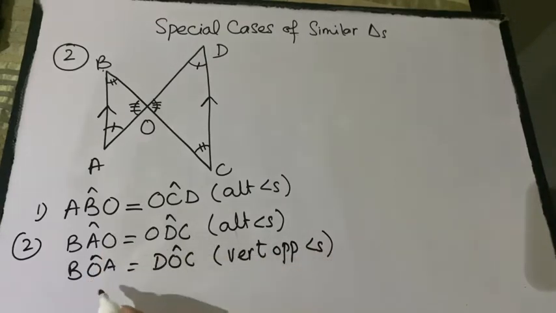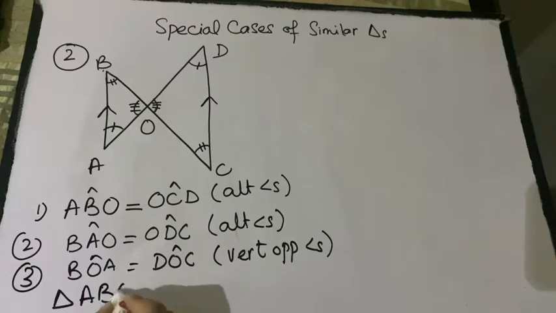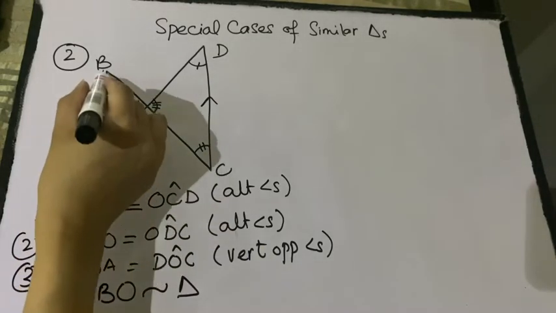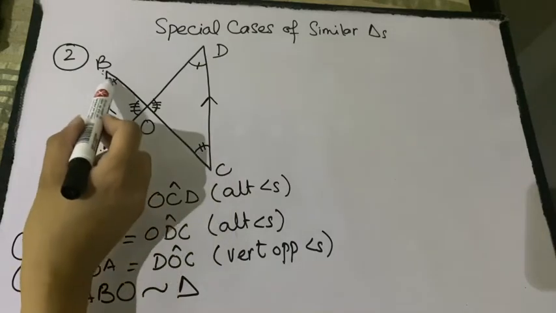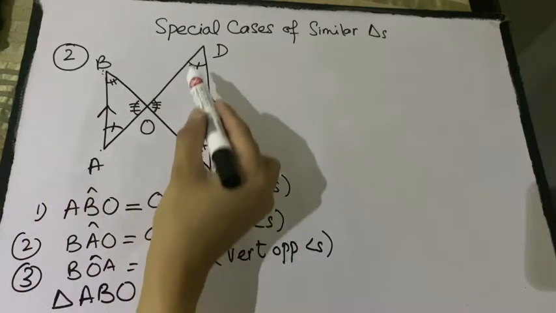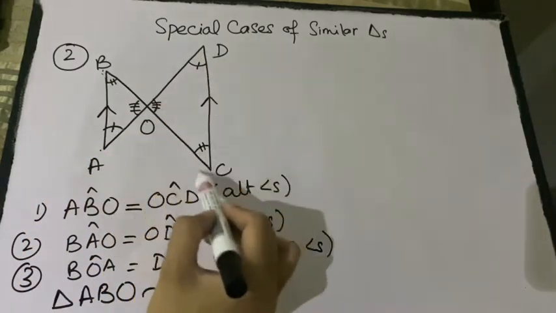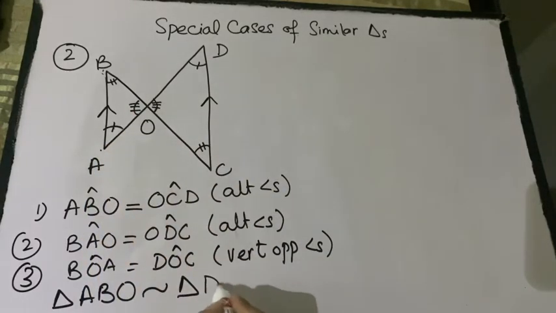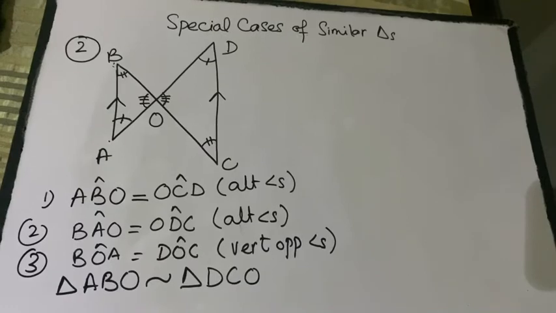So on the basis of this information, you can say that triangle ABO is similar to triangle DCO. Order of the triangle is very important here.